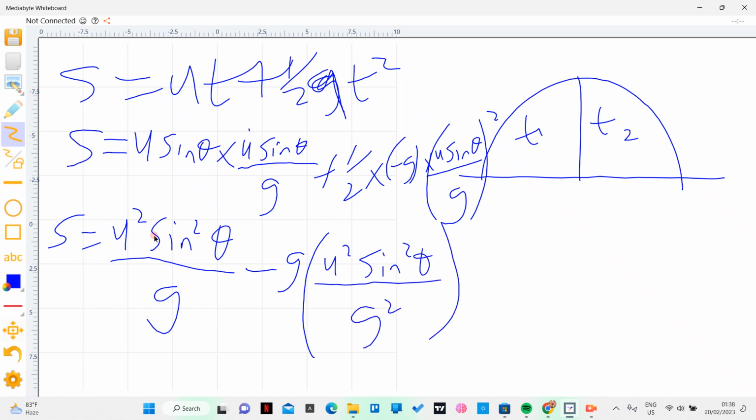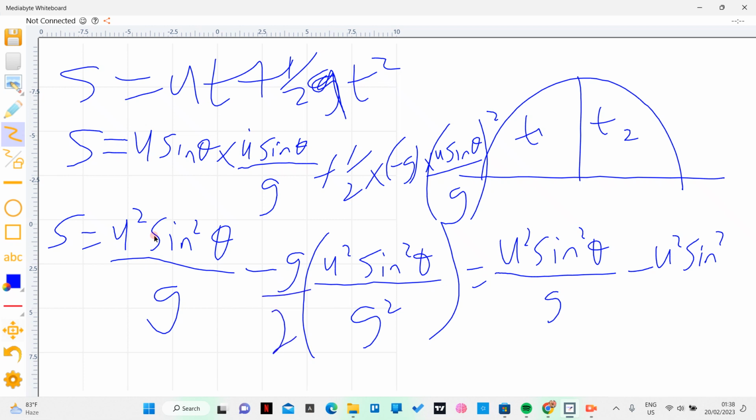One g will cancel one g, such that you have u squared sine squared theta all over g minus u squared sine squared theta all over 2g.